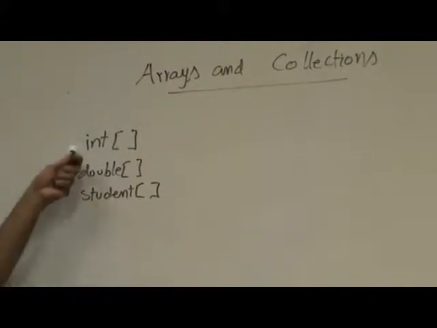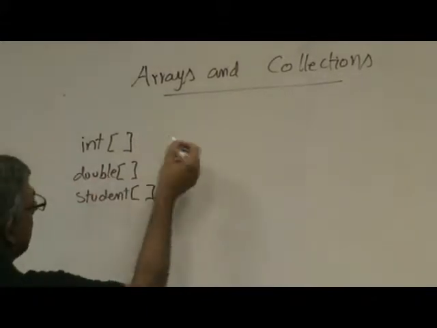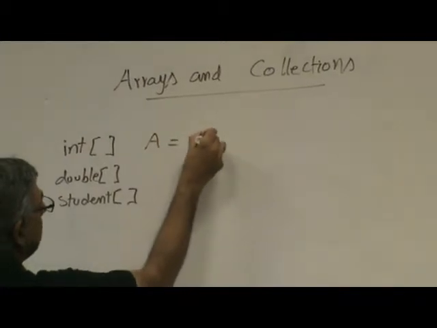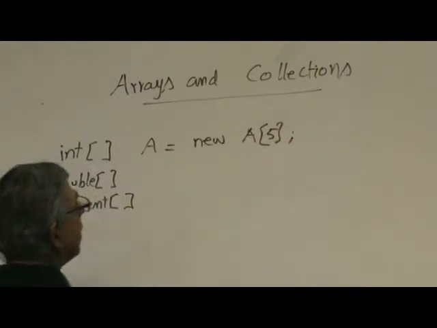That means we are going to create an array, followed by the name of the array. So if you wanted an array of size 5, you will say something like this.